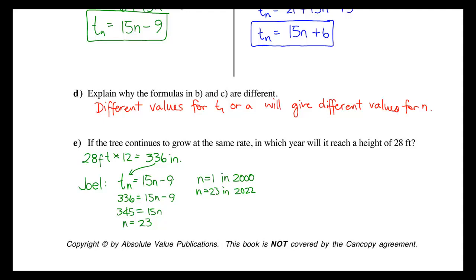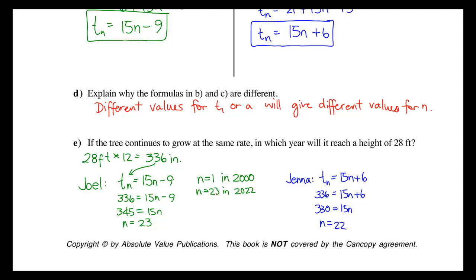So for Jenna, again, her general term is Tn equals 15n plus 6. Again, we're going to plug in that 336 in for Tn and then solve for n. So let's subtract 6 from both sides here. So we get 330 equals 15n. If I divide both sides by 15, I get n equals 22 for Jenna.